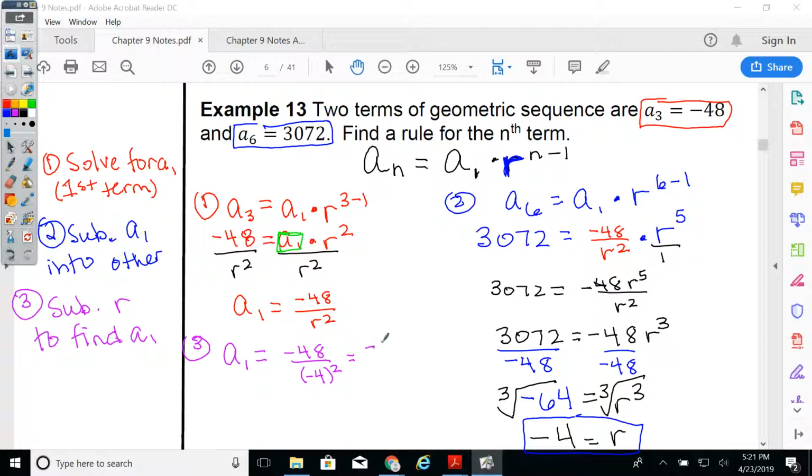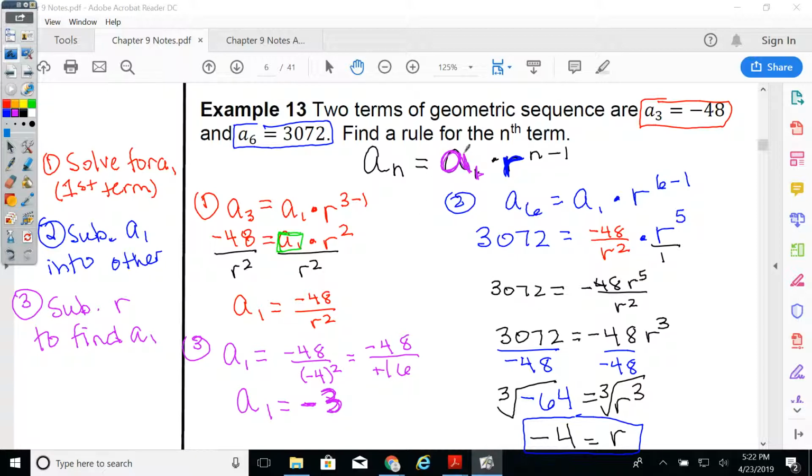So negative 48, negative 4 squared is positive 16, because a negative and a negative make it positive. So here we get that a sub 1 is negative 48 divided by 16 is negative 3. So that's the number that goes here.